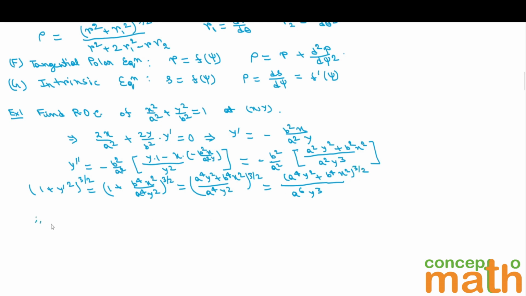Therefore, rho will be this expression star, because this was in the numerator, divided by y double dash.